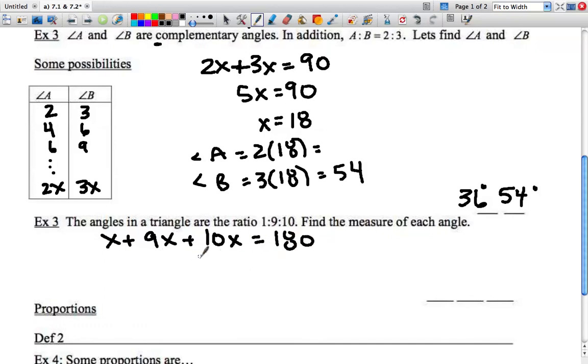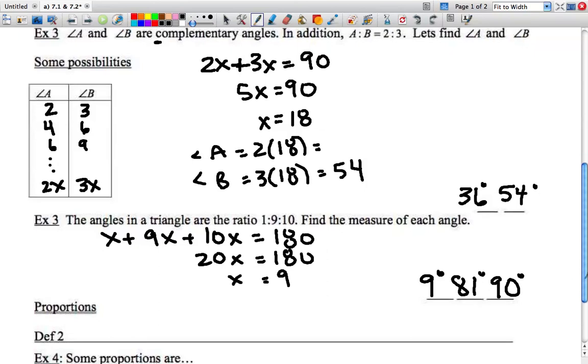So we'd get what? 20x equals 180, x equals 9. So the measures of the three angles, you'd plug in 9, so it would be 9 degrees. 9 times 9 is 81 degrees. And the last one, 9 times 10 is 90 degrees.